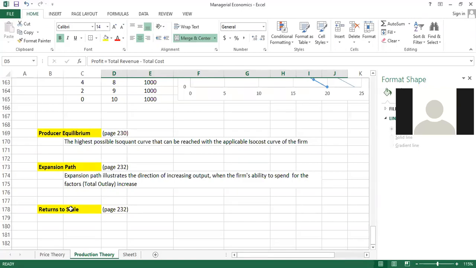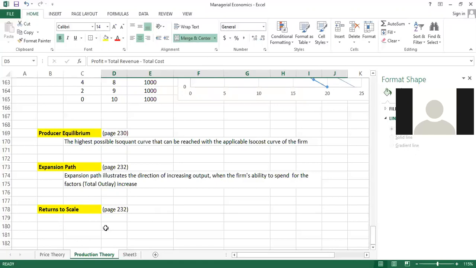The number of production output affected by the number of inputs. Actually, economies of scale is mainly used when we analyze cost, but that is very much related to this one, right?